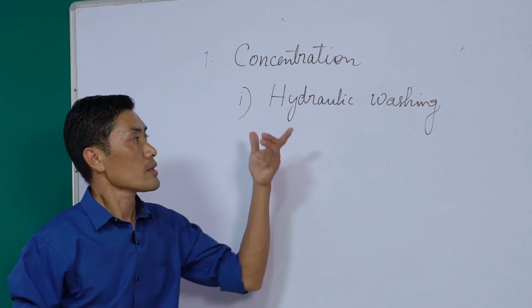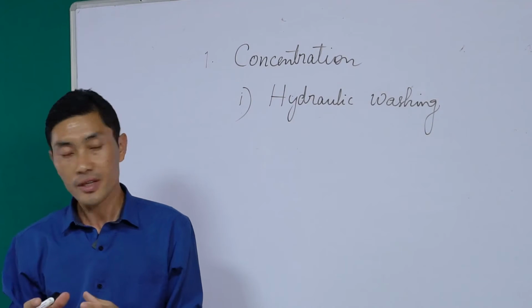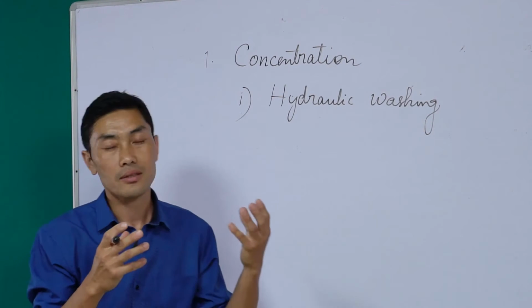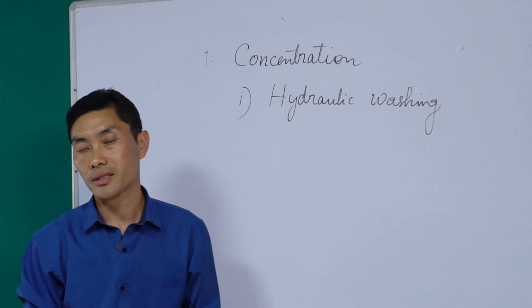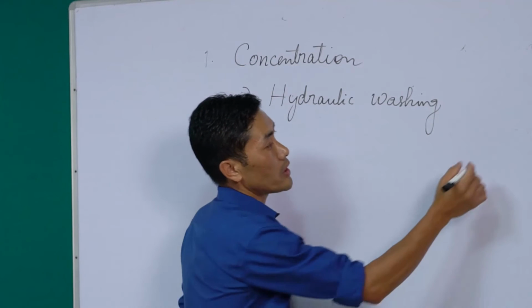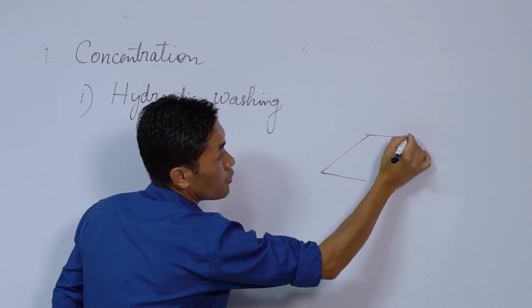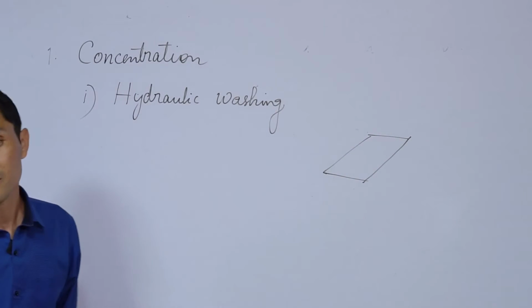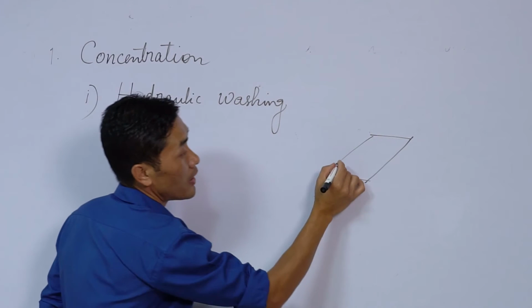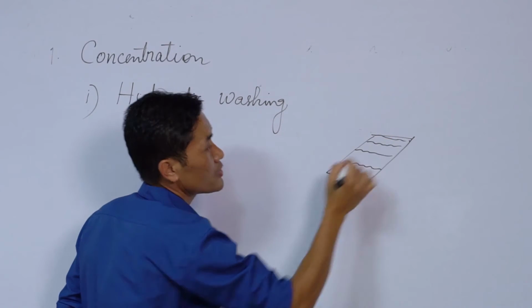Now, this can be done if the ore particles are heavy and the impurities are light. We just put the powdered ore along with the impurities on a slanting table, which is called a wilfley table. This slanting table has grooves and riffles on the surface.